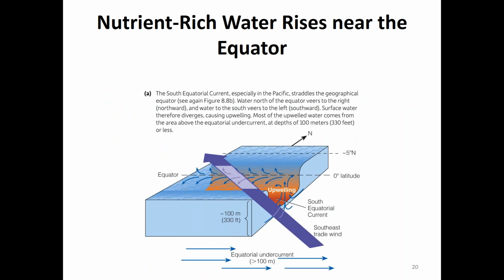So, along the equator, near the equator, we have what's called the ITCZ. If you don't remember from the lecture on atmospheric circulation, the ITCZ is the intertropical convergence zone.